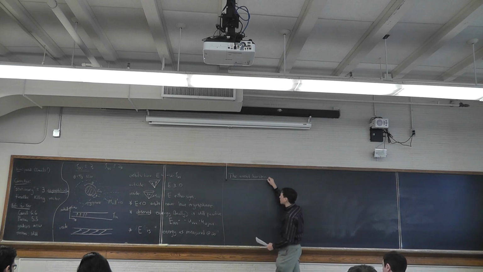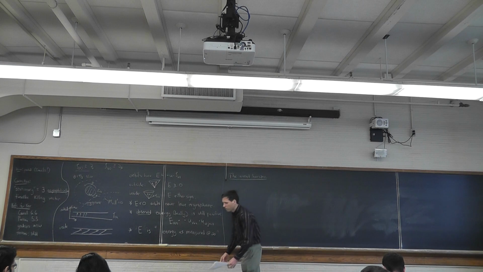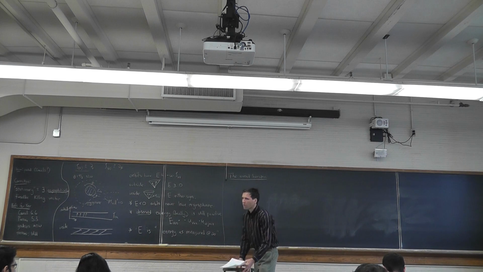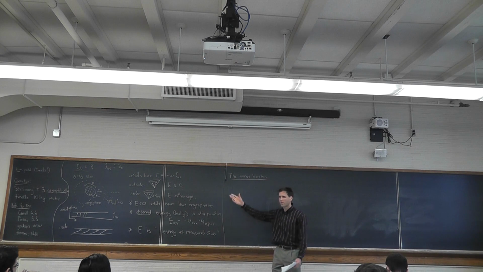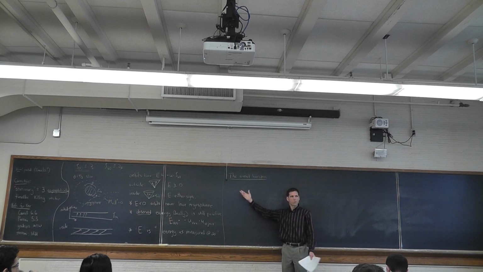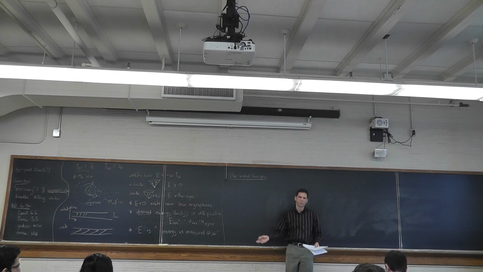Part of the goal here is to set up some concepts and some machinery that we're going to use later when we talk about general fluctuating horizons. At the moment, we're talking about a perfectly stationary horizon of an equilibrium black hole. But I'm going to use some definitions that will be useful when we talk about black holes where, as you drop something in, there's some lump on the black hole.